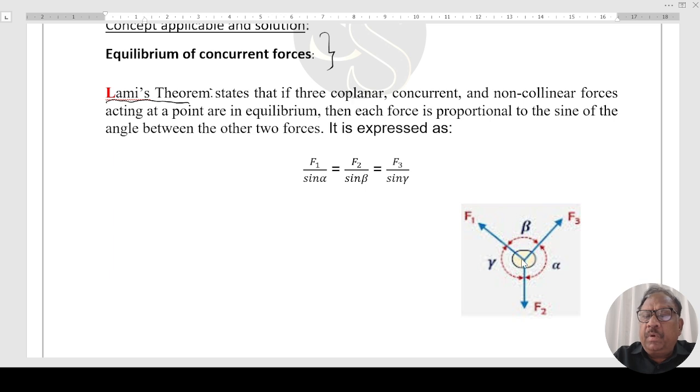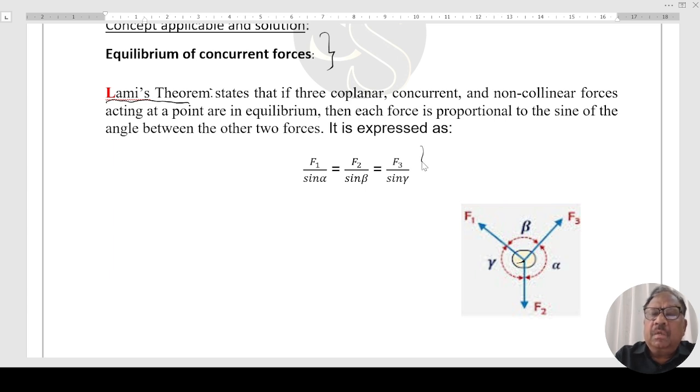Suppose this is the point. Three forces are acting like this, like this, like this. Then in equilibrium, F1 upon sin alpha, F2 upon sin beta, F3 upon sin gamma.